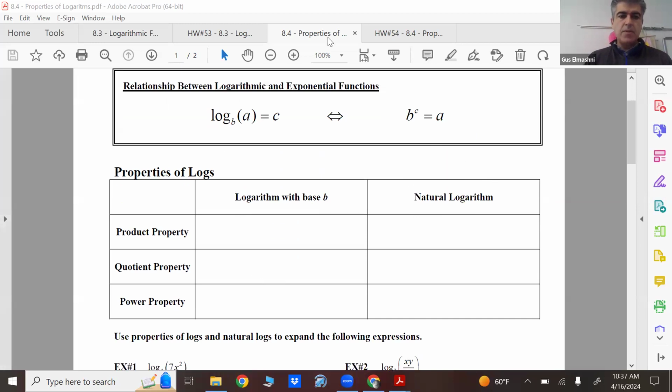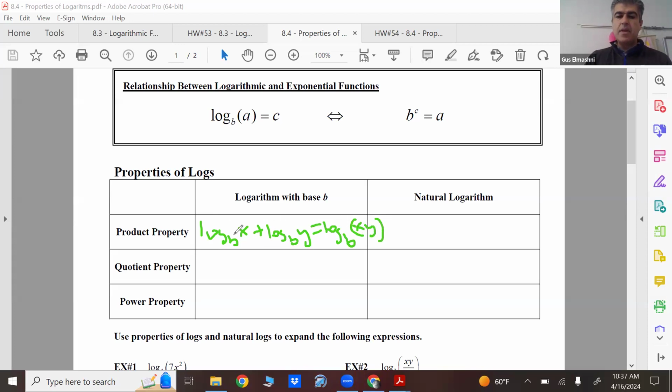So now, properties. If you have log base b of x plus log base b of y, do you guys know what to do? What do you do with the x and y to condense it? Exactly. Thank you, Kyle. Yes, 100% correct.